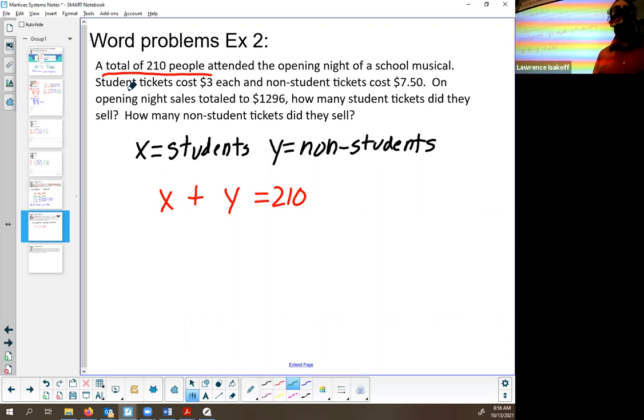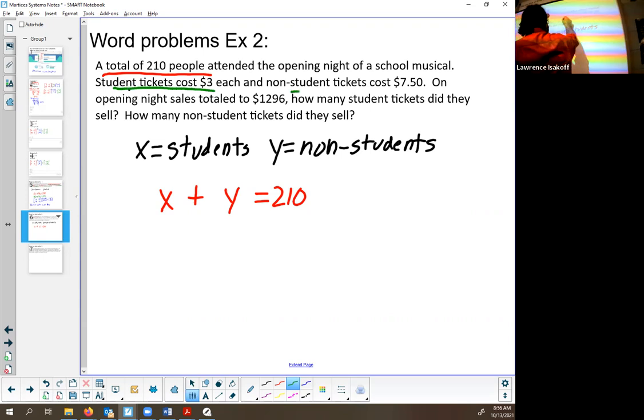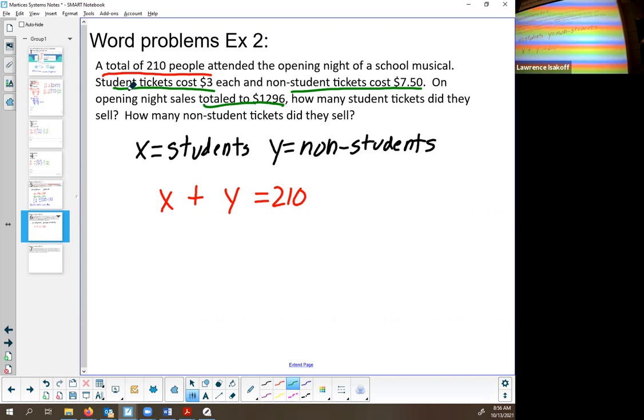Now it starts talking about money, right? Students cost $3, non-students cost $7.50. In total, this was our sales. Any ideas on what we might want to do for that money equation? 3X, okay.